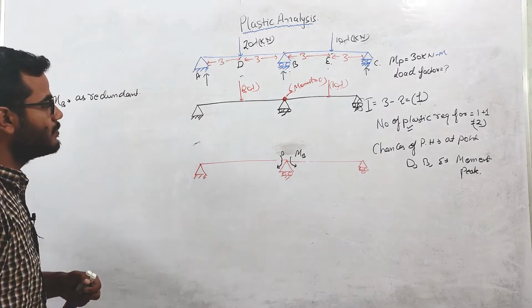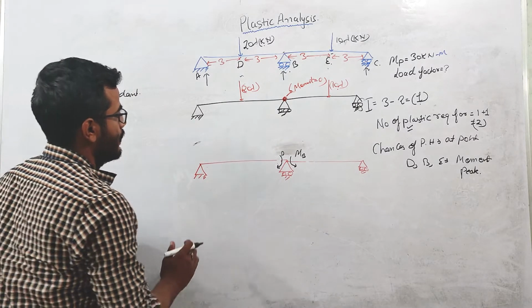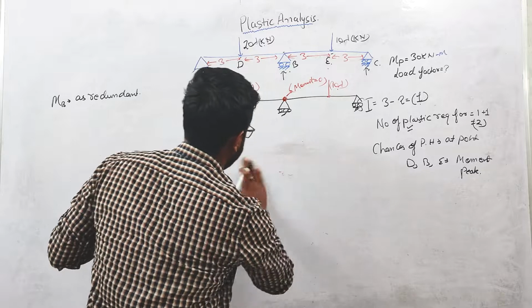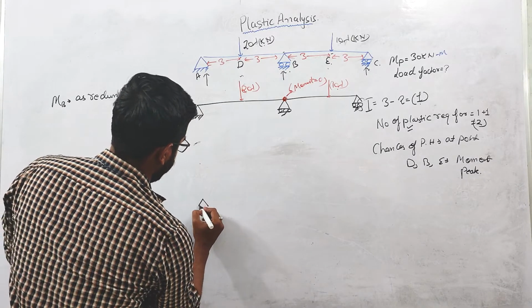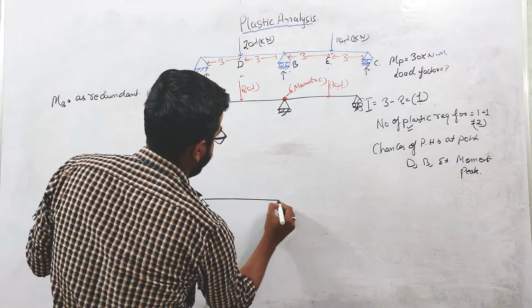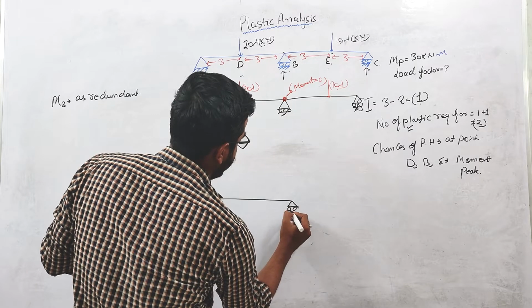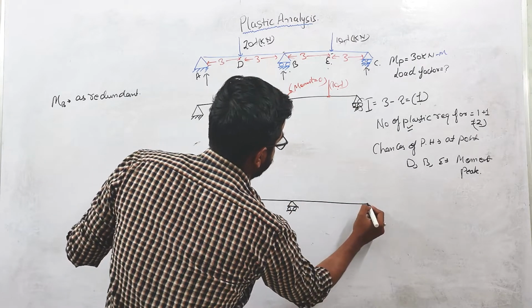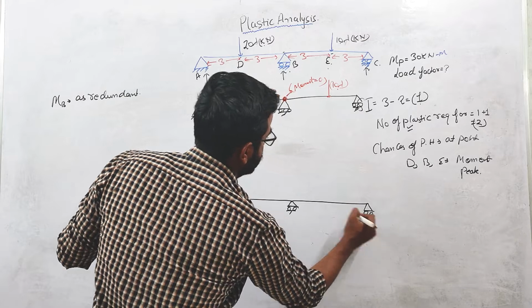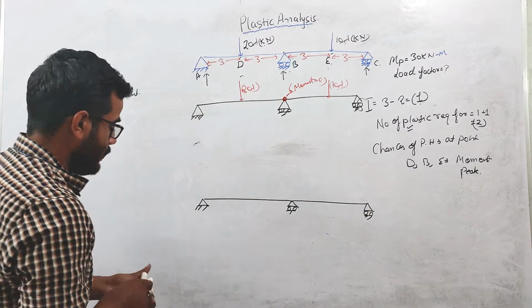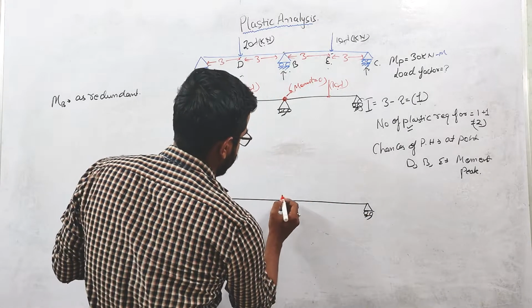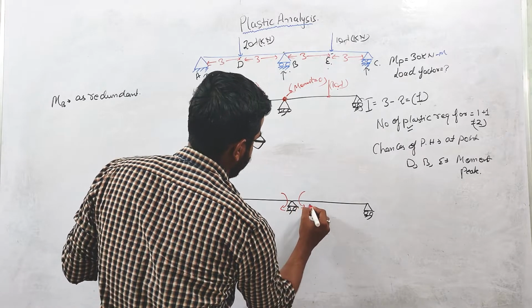Now let me draw this figure a little below, because we need to draw the bending moment diagram also, so we need some space between these two diagrams. The bending moment will act like this, here, and like this.